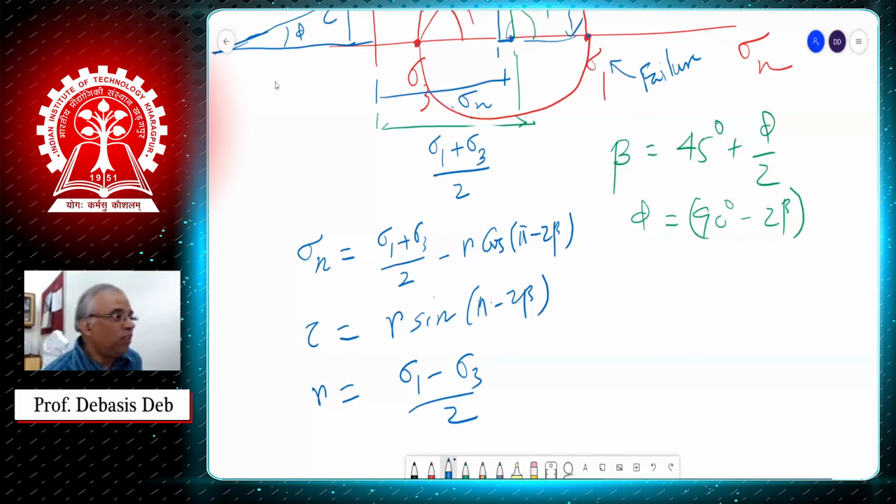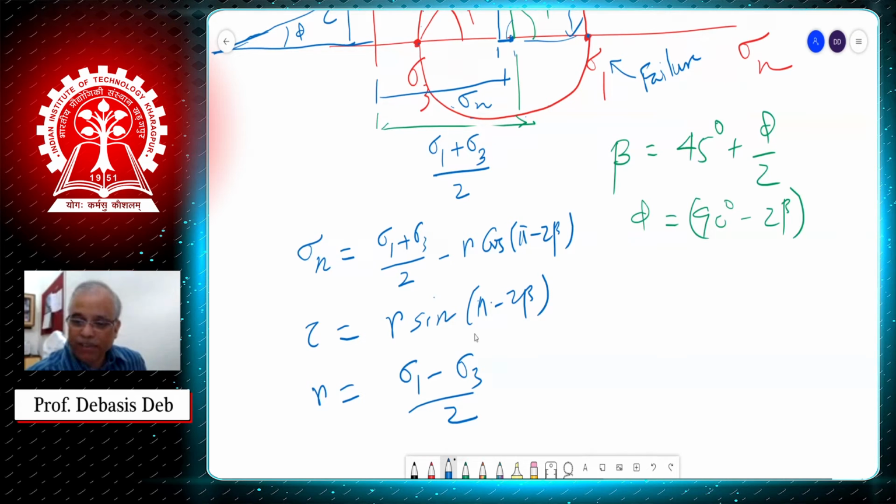So now sigma n and tau we can very well replace by this. You put the r here and you change 2 beta by 90 degree plus phi, and you manipulate and you will get the sigma n and tau in terms of sigma 1, sigma 3 and angle phi.